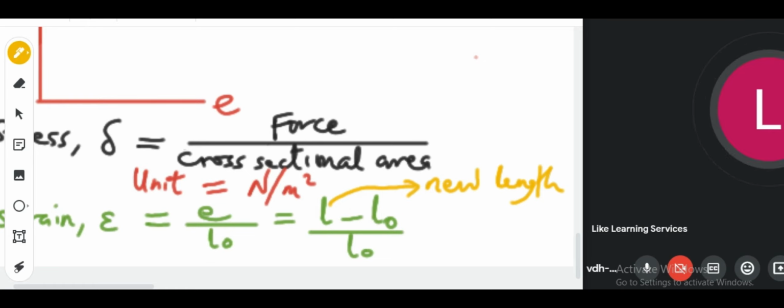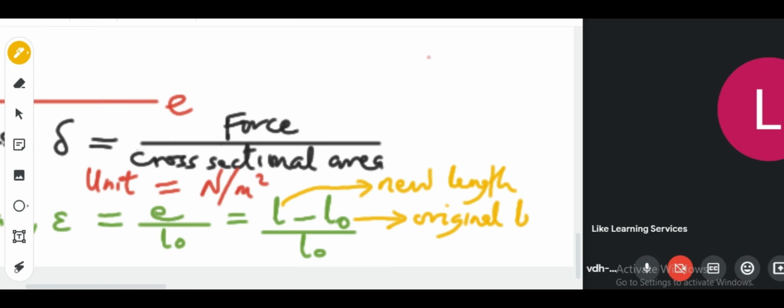L naught stands for original length. And of course, e is extension. e stands for extension.